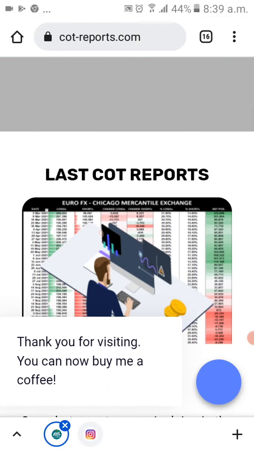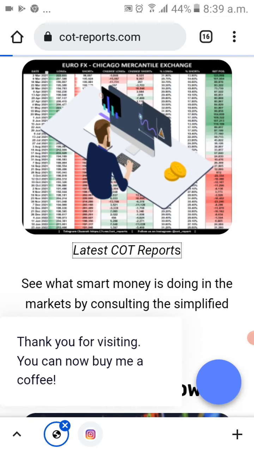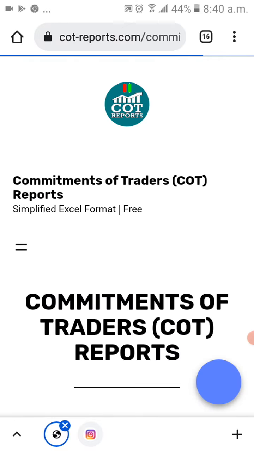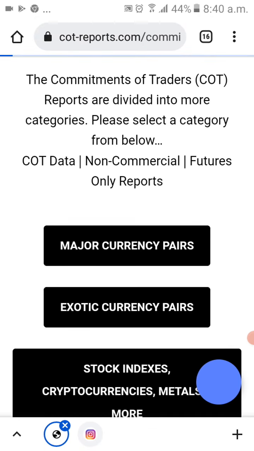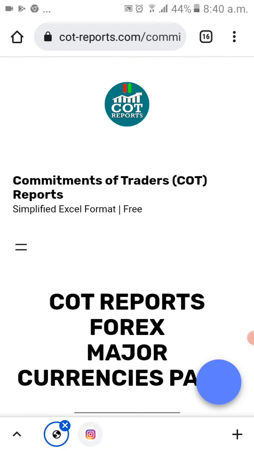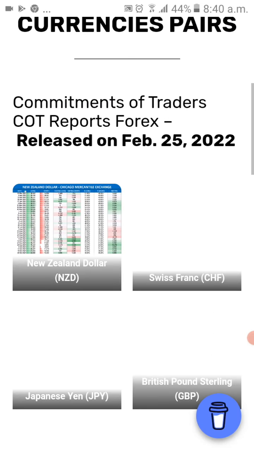So I'm gonna just go on the latest COT report. I'll just give it a moment. It should open. So I'm gonna click on major currency pairs, and I want it to open up so it can actually show me what the hedge funds, the big guys who are playing at the stock exchange, are doing.